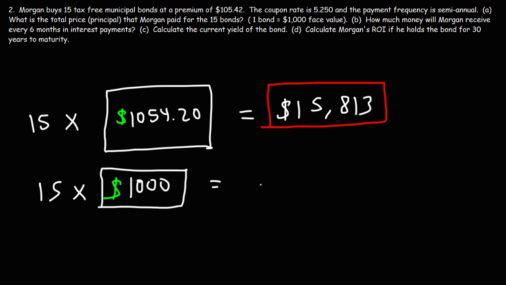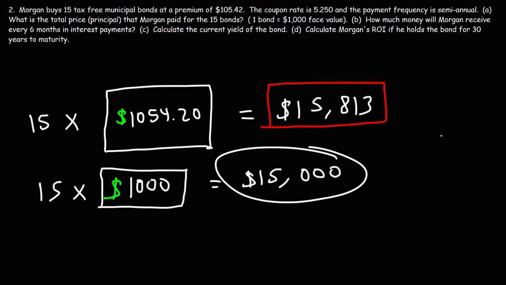So the total face value of these 15 bonds is $15,000. Now he paid more than what the issuer sold the bonds for. The issuer sold it at $15,000, but when he paid it, he probably bought it from another investor at $15,813.